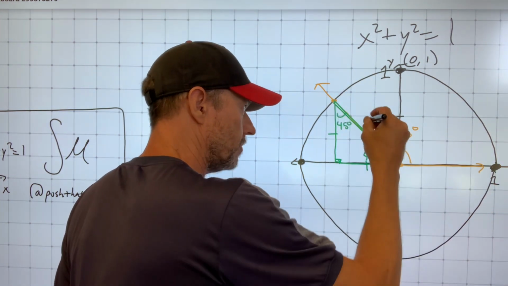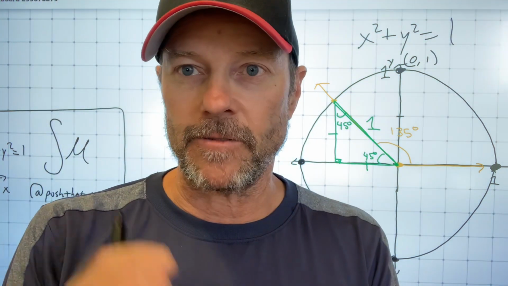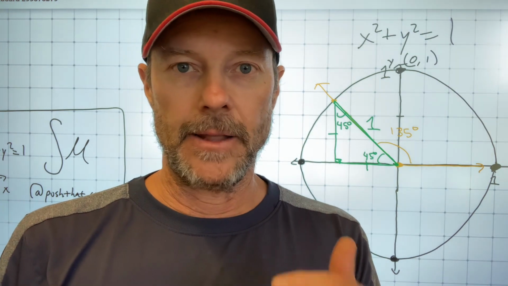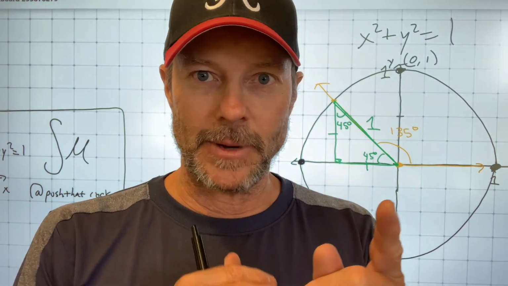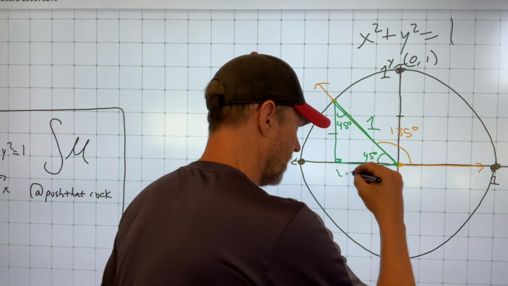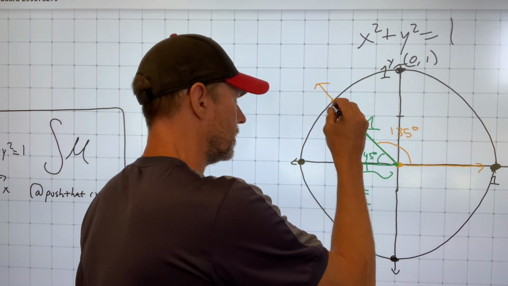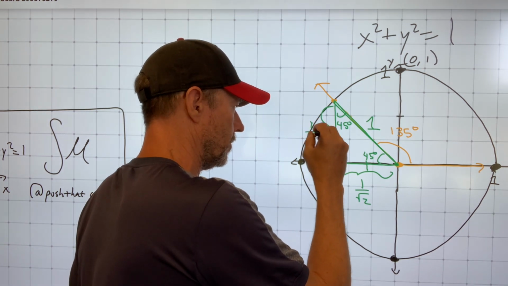So this hypotenuse here is 1 unit. And the legs in a 45-45-90 are always the square root of 2 times smaller than the hypotenuse. So I'm going to take 1 and divide it by the square root of 2 in order to get the length of these legs. So this leg here is 1 divided by the square root of 2. And this leg here is the same distance, so it's also 1 over the square root of 2.